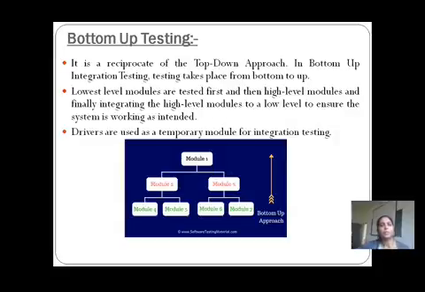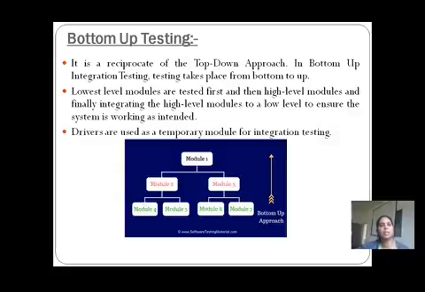In bottom-up testing, the lowest level modules are tested first. What are the lowest level modules in the diagram we are seeing? As per the diagram given for bottom-up testing, there are four levels of modules.